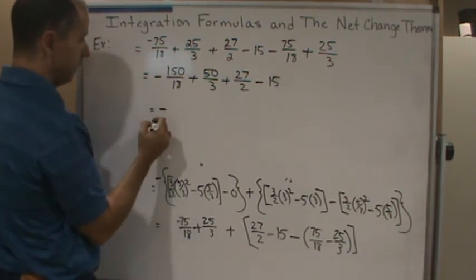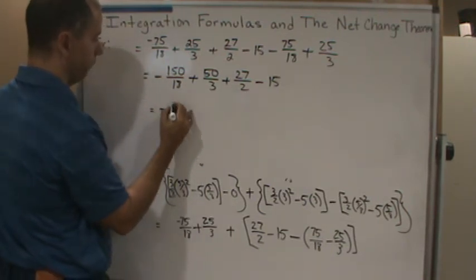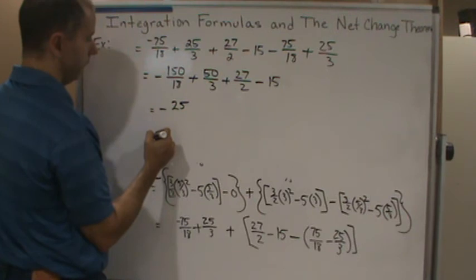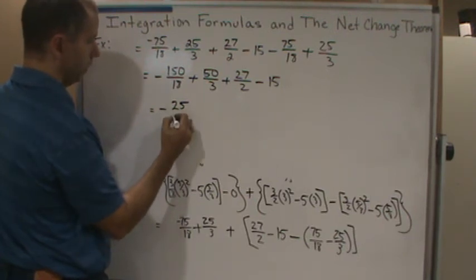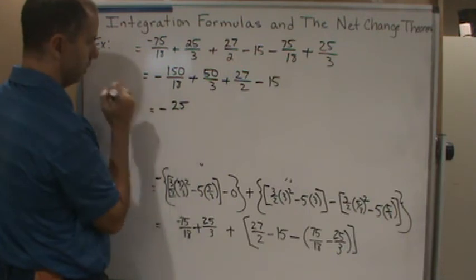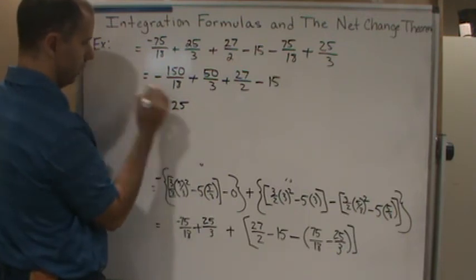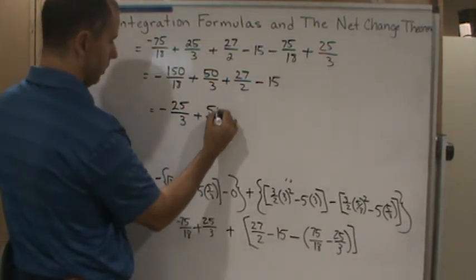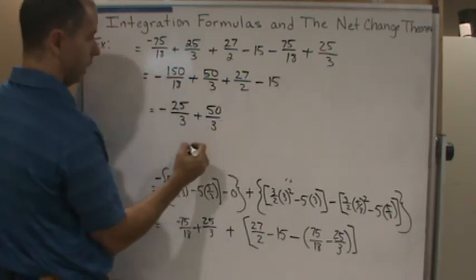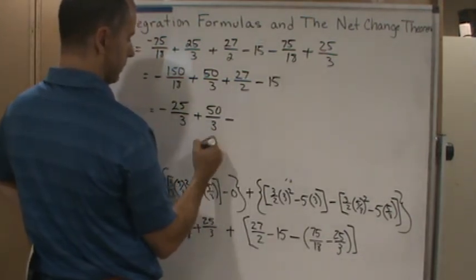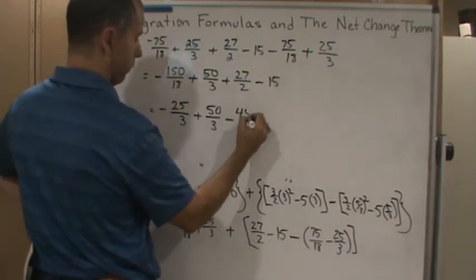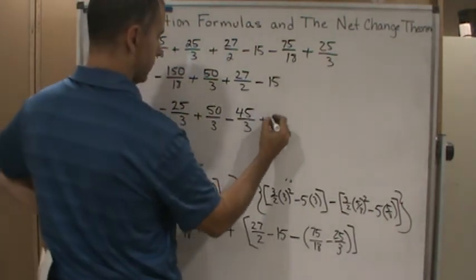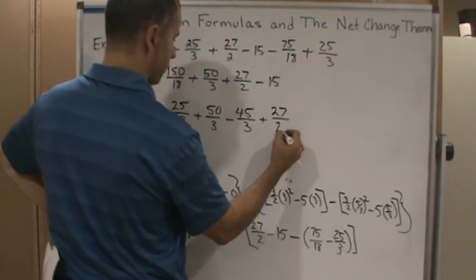So that's going to give me a negative 25 over 3 plus 50 over 3 minus, let's do this as 45 over 3, right? 15 plus 27 over 2.